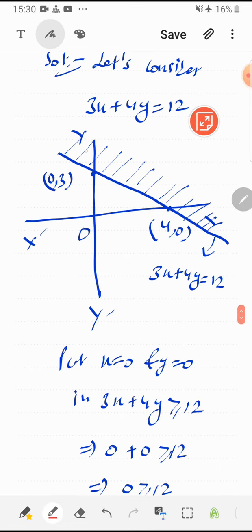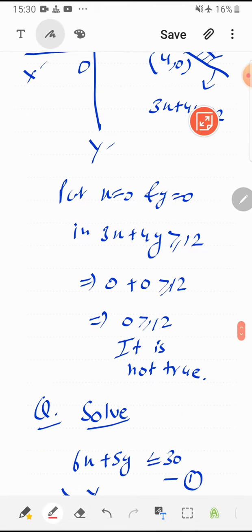That means shading should be done away from the origin. So I hope you know why I have shaded this away from the origin. But at the same time, you have to mention the line, which is just equality, not the inequality, because the line means boundary.